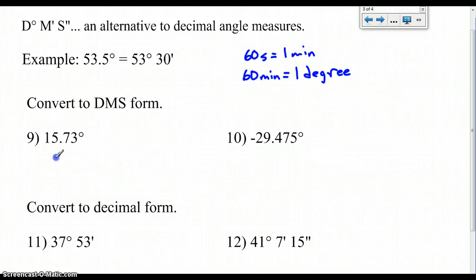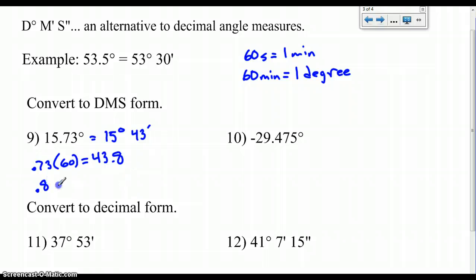So number 9 says to convert to DMS. I know it's 15 degrees. Now I need to find minutes and seconds. So I'm going to take 0.73 times 60. That gives me 43.8. That 43 right there would represent the number of minutes.